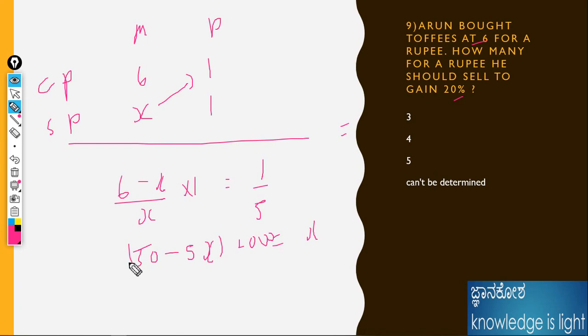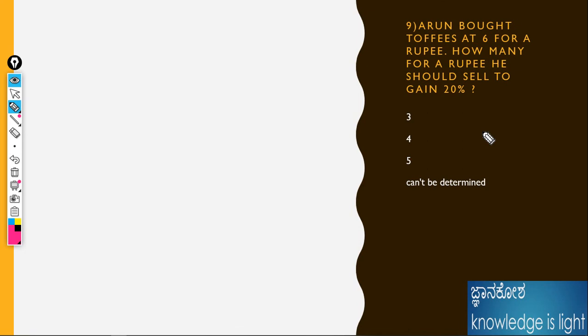Therefore x is equal to 5 is the answer for this question. There are many ways, because we can solve with many methods. Better to choose one method, whichever is preferable to you. I showed all the methods. Better to choose that method only. Okay, next problem.